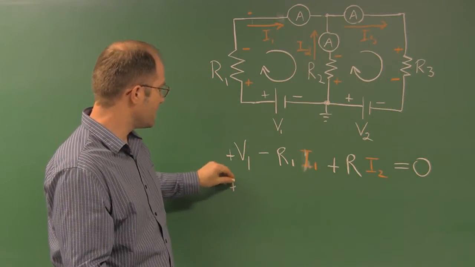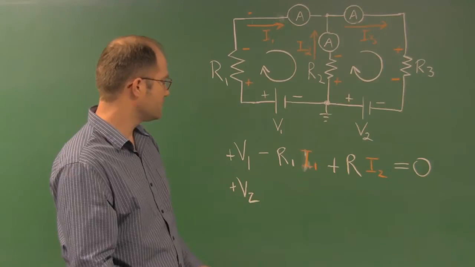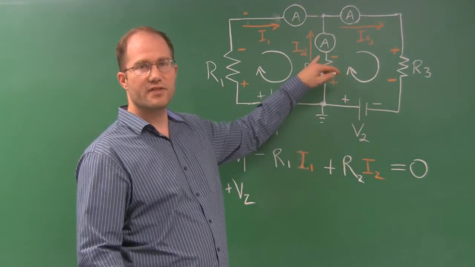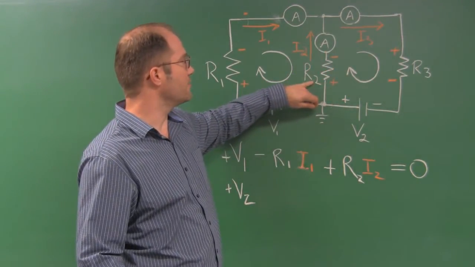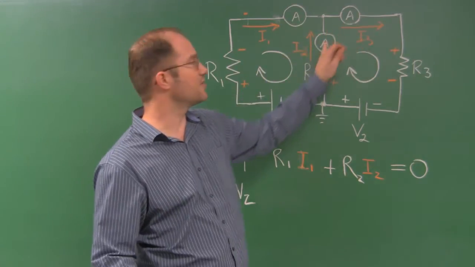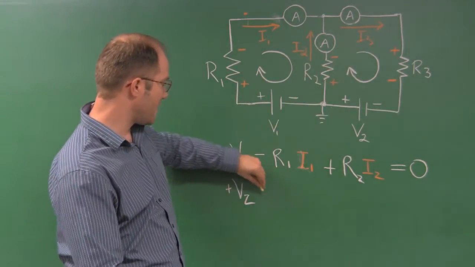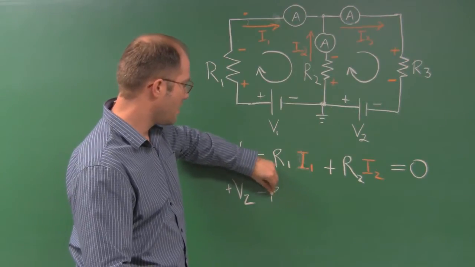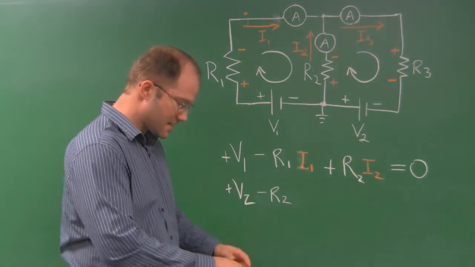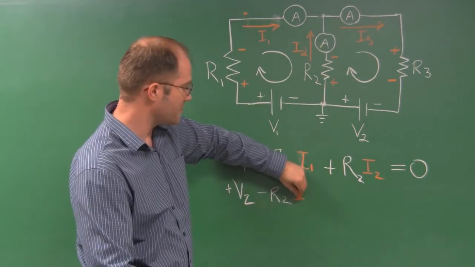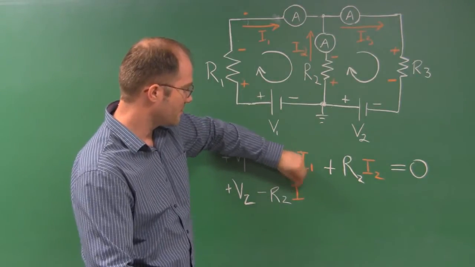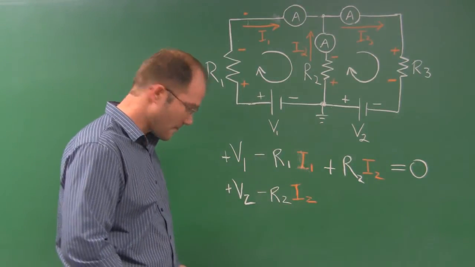So I'm going to say positive V2 minus the value of this voltage here, which is R2 times I2, the center branch. And so I'll say minus R2 times I2. And again, I'll use the orange here for my unknown I2.